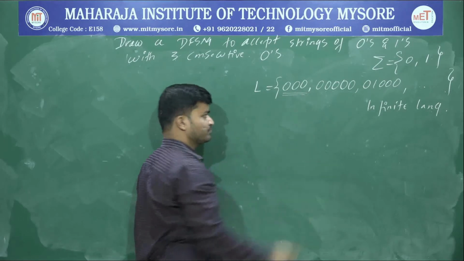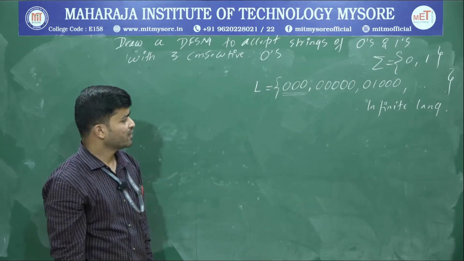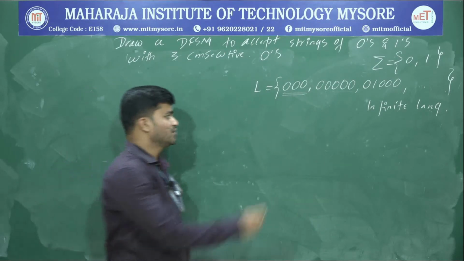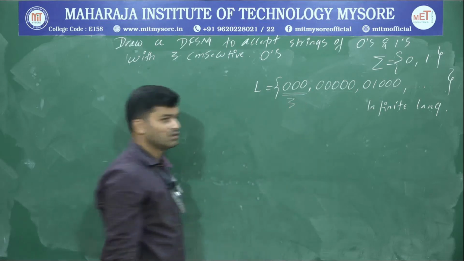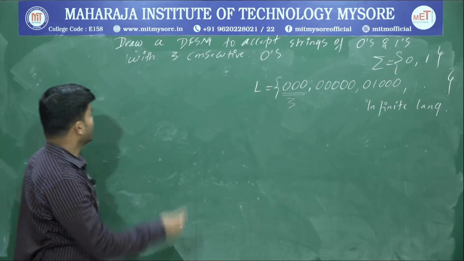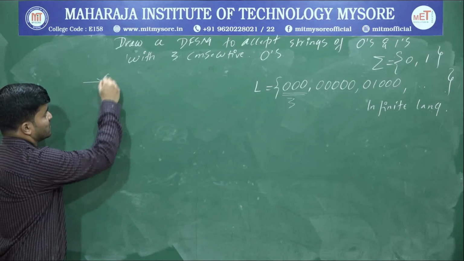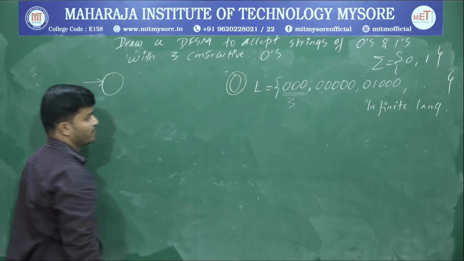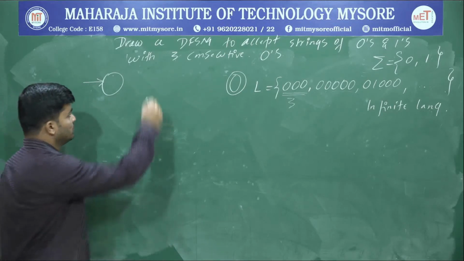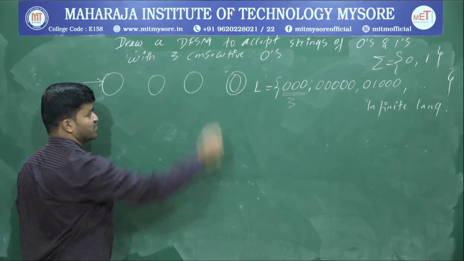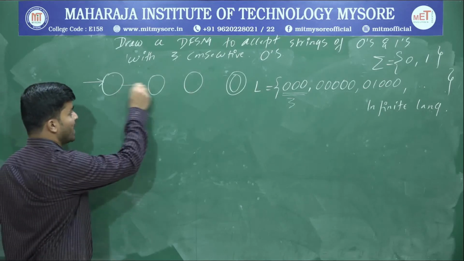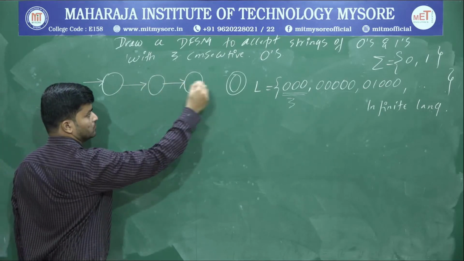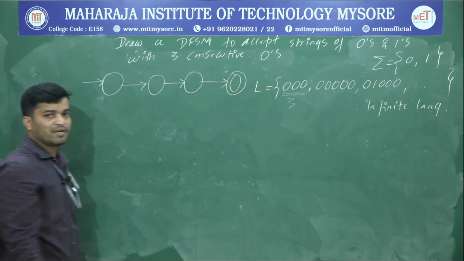Whenever the language is infinite, underline the minimum length string. The length of the minimum length string is 3. If the length is 3, there will be 4 states, and one should be the start state and one should be the accepting state. Two more are intermediate states, just circles, connected using arrows.